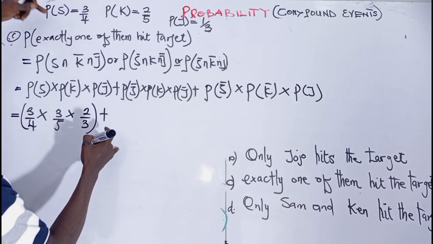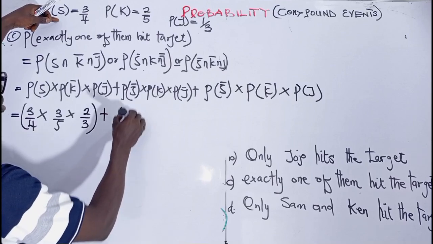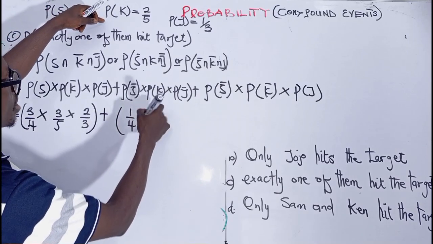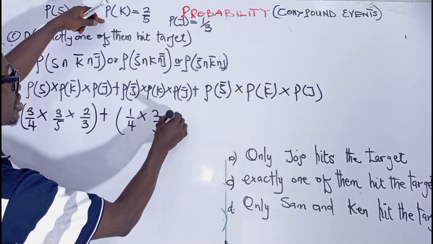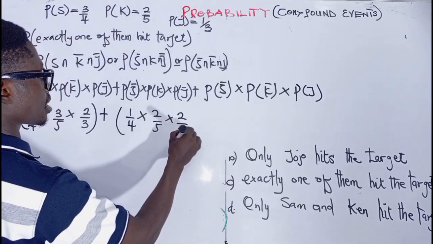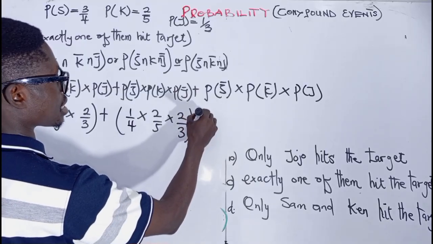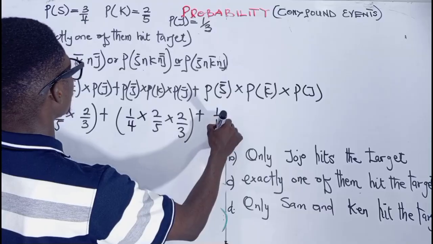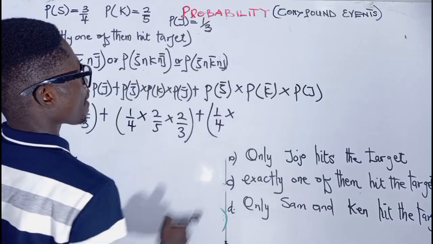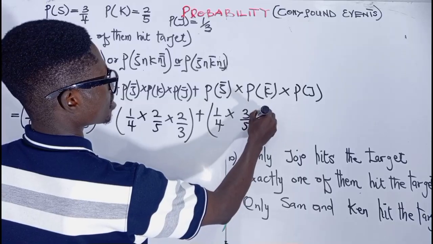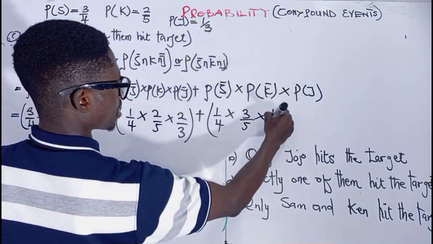P of S complement, we had 1 over 4. P of K, we have 2 all over 5. P of J complement, we had 2 all over 3. Then we have plus. P of S complement, we had 1 all over 4. P of K complement, we had 3 all over 5. P of J, we had 1 over 3.